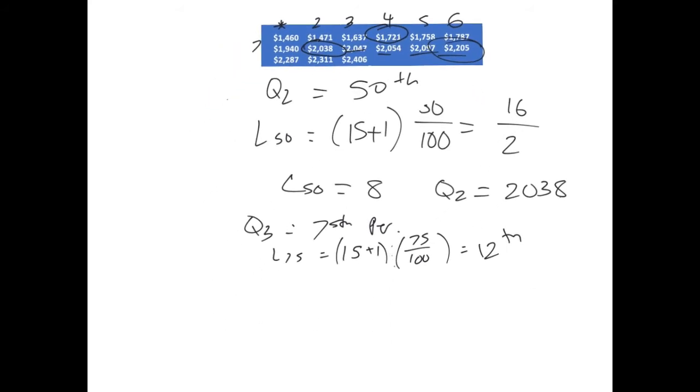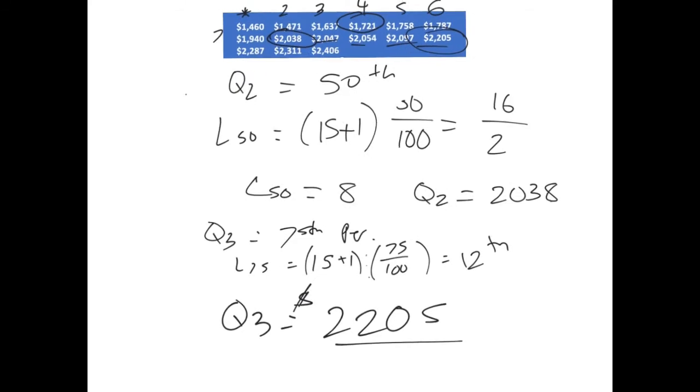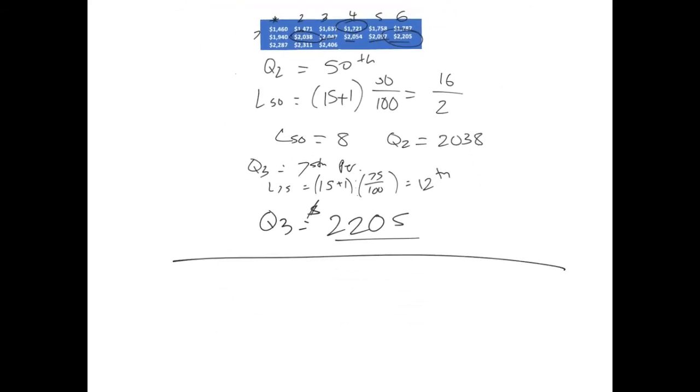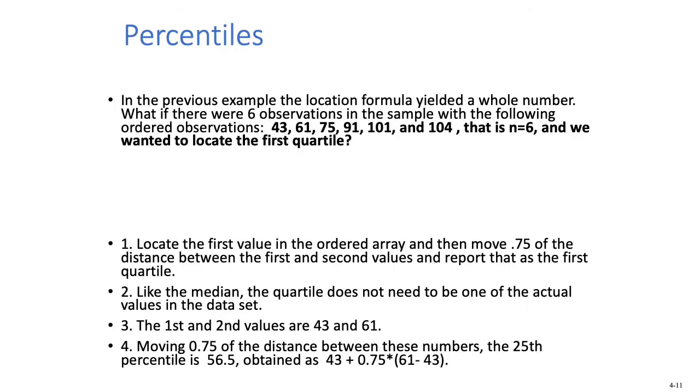So quartile 3 is equal to $2,205. Now, that would be all of the findings for this specific data set. In this case, we had an odd number of observations, so our process was fairly straightforward. When we have an even number of observations, we have some complications in the process of finding the different quartiles.